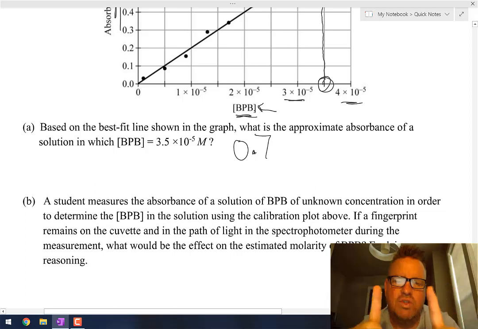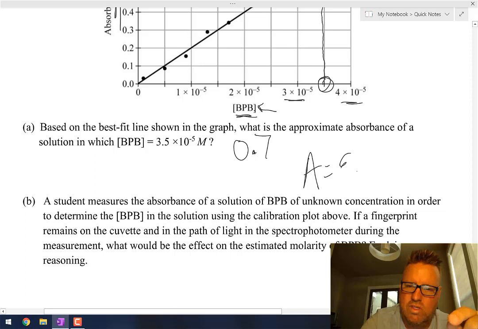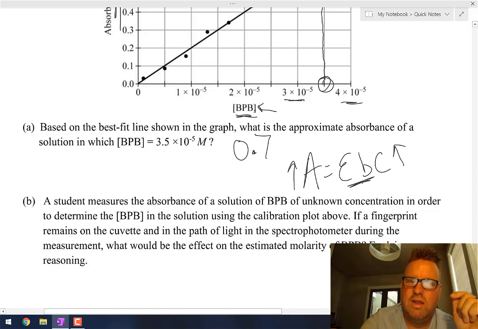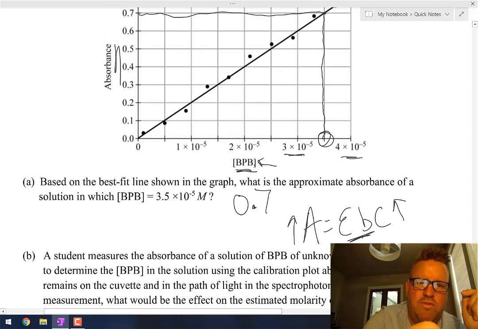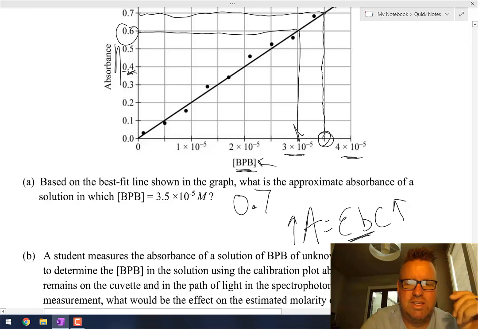And if the absorbance is higher than what it's supposed to be, then think about that equation, A equals BC here. If this is higher than what it's supposed to be, then what's that going to do to the concentration? Again, those are constant. If it's supposed to be 0.4, but the absorbance is actually 0.6, what does that do to your concentration? Of course, it makes it higher.